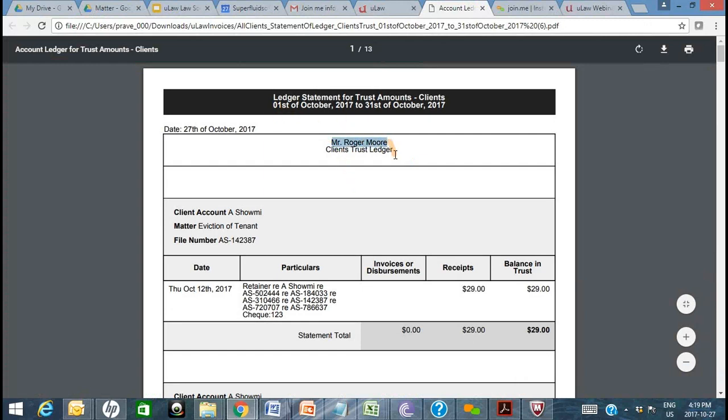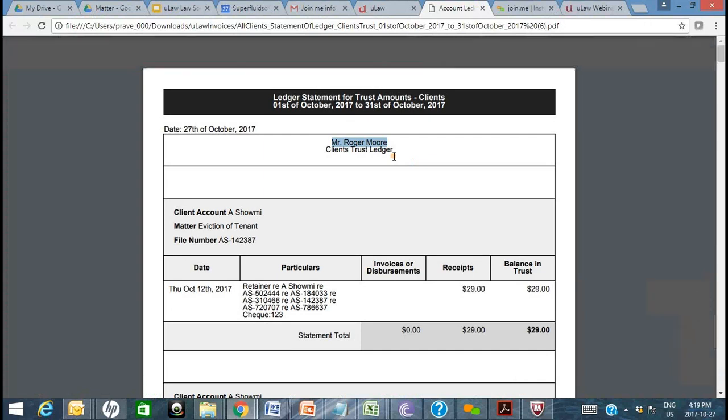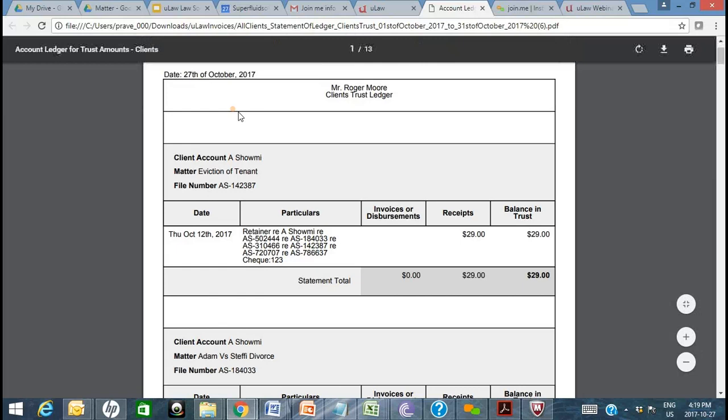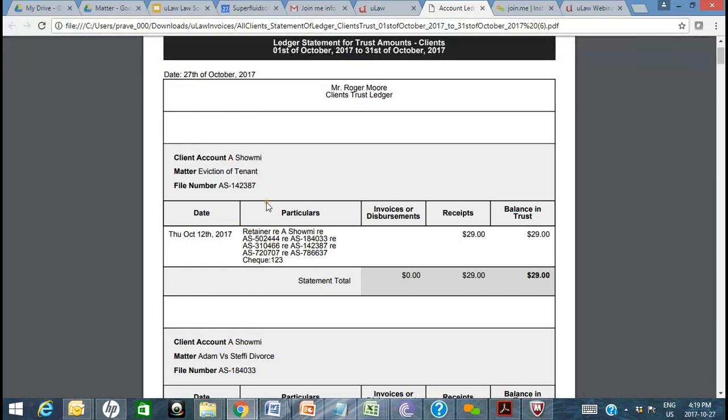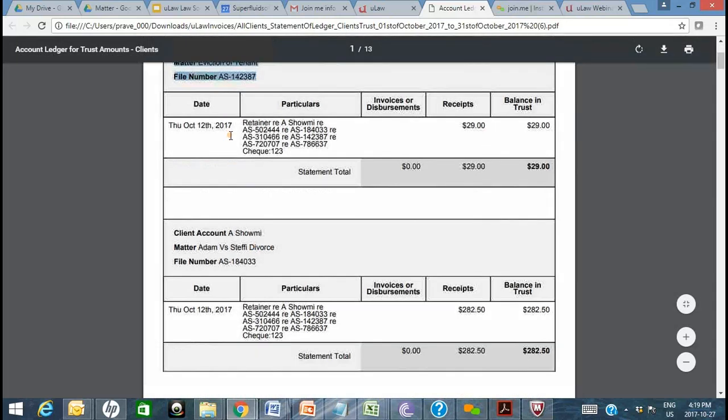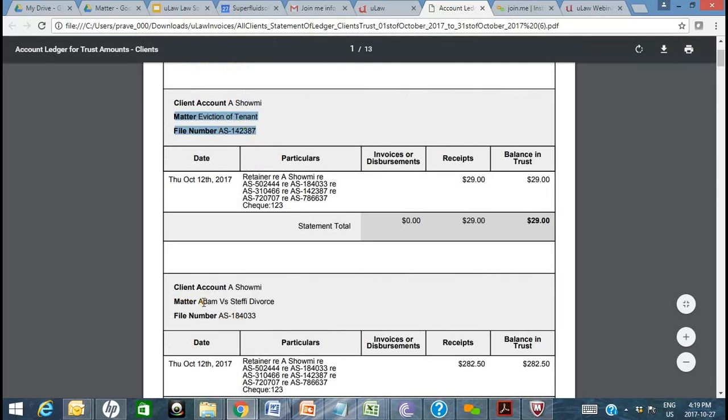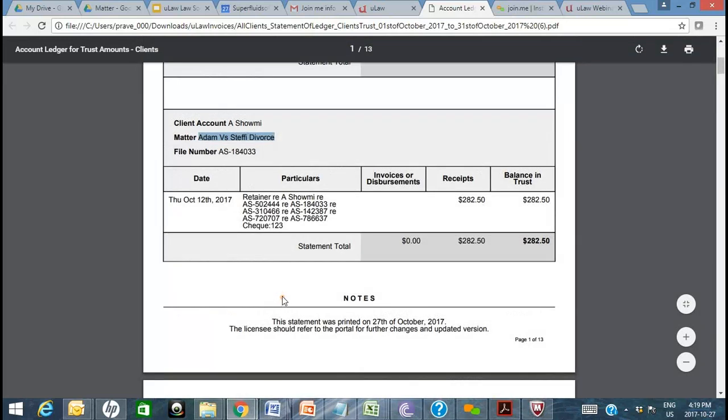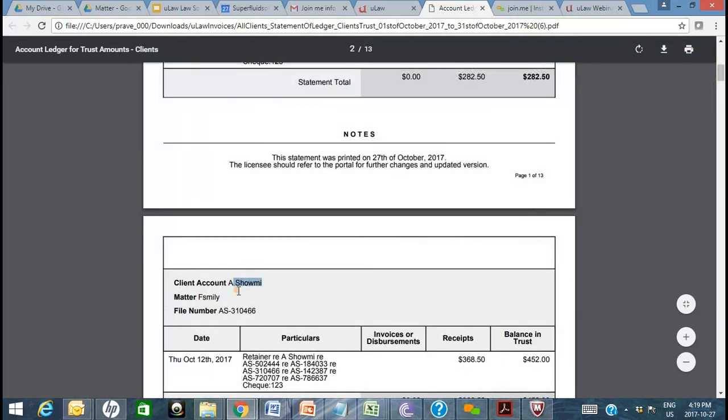I'm using a fictitious law professional, Roger Moore, and here's his trust ledger, starting with the date. If you look at the template that the bookkeeping guideline provides, it's got the date by client. Obviously, by client, we provide some extra information in terms of what the matter was for and the file number. So if you have multiple matters for the same client, in this case you have not only an eviction of a tenant, you have another matter, a divorce case, for the same client, actually another family law matter.